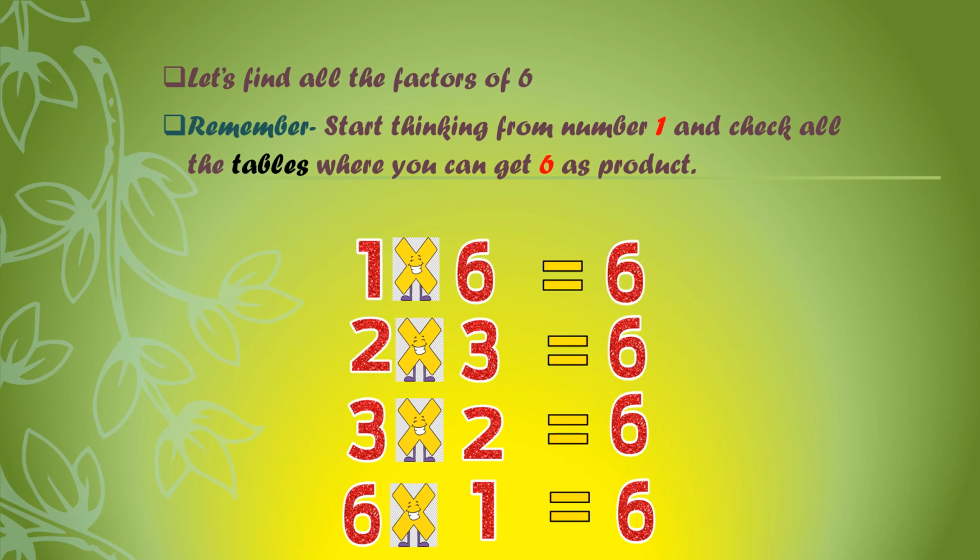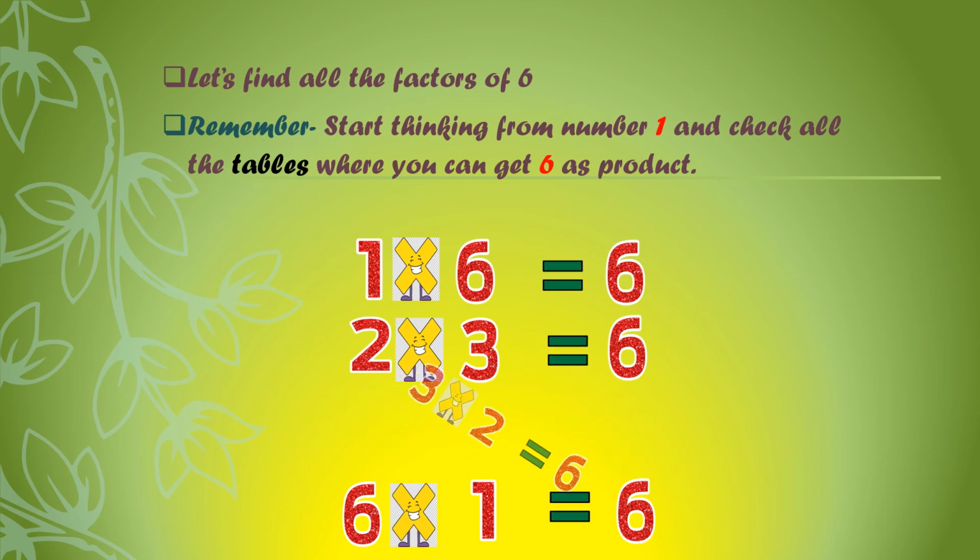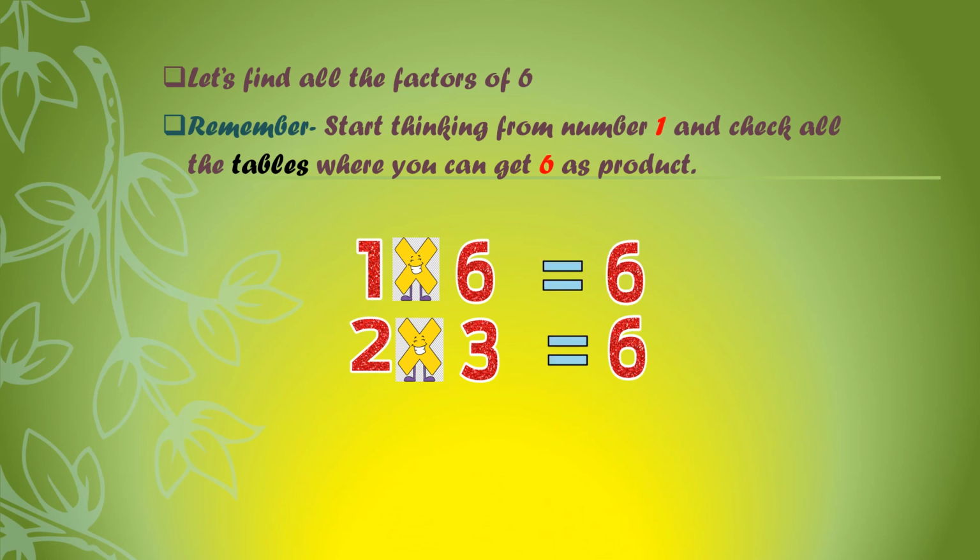That means the same combination is repeated. Hence, we can remove the same combinations. So we will remove 3 times 2, also 6 times 1. Therefore, we now obtain the factors of 6 as 1, 2, 3 and 6.